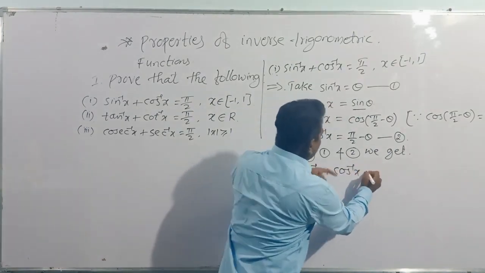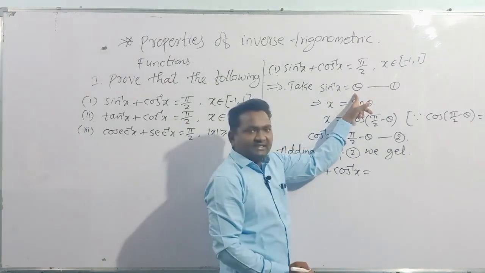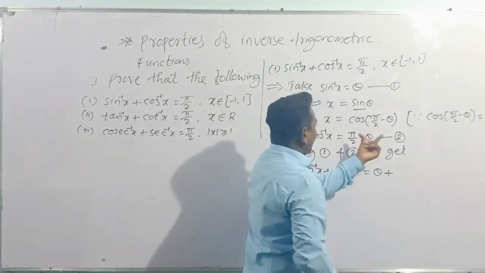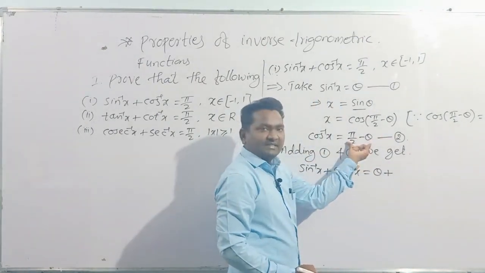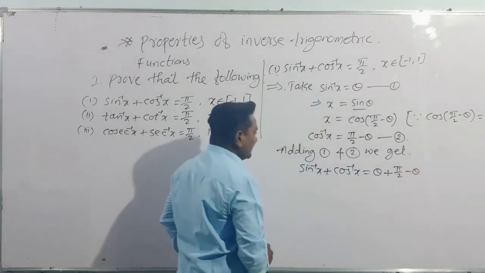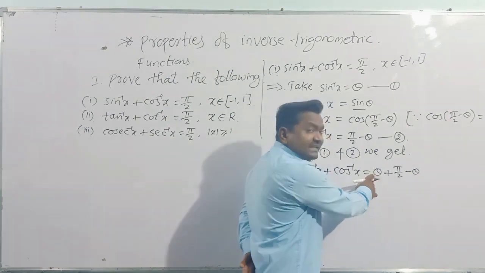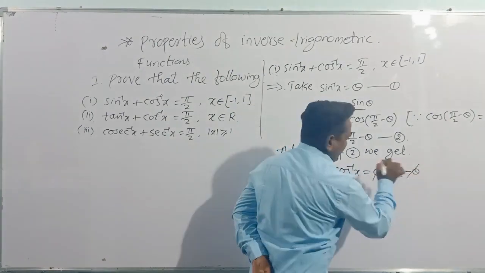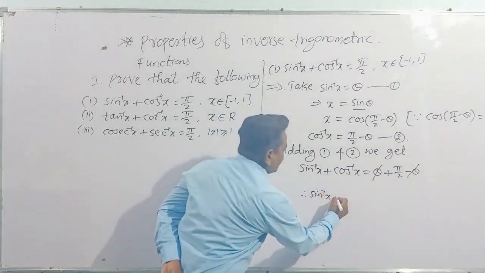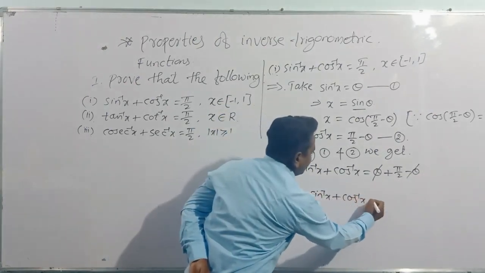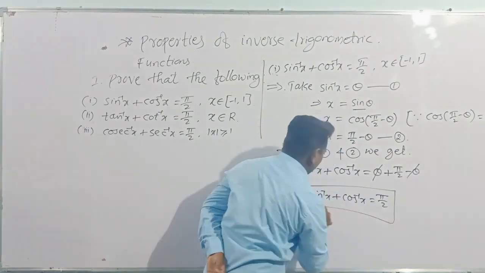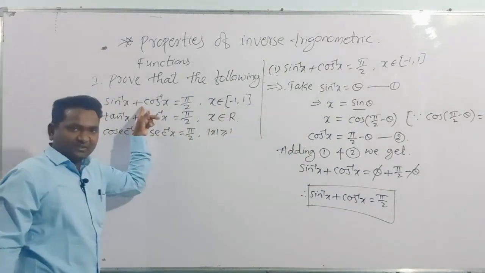Now equals to equation 1 RHS is theta, adding means plus. Equation 2 RHS is pi by 2 minus theta. So here plus theta and minus theta get cancelled out. So finally therefore sin inverse x plus cos inverse x is equal to what? Pi by 2. Hence the proof of first property.